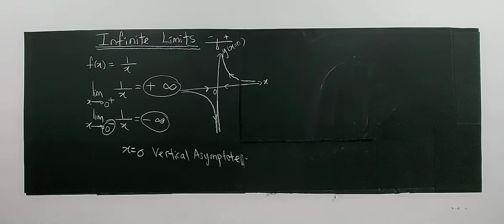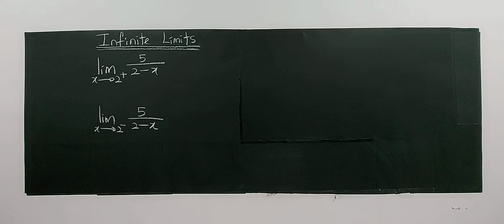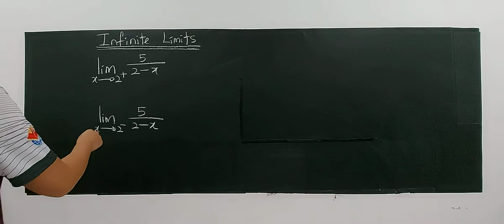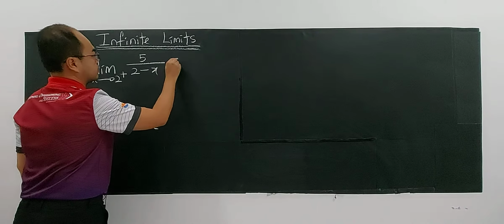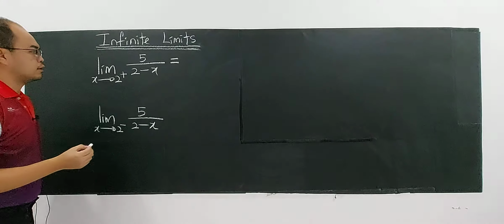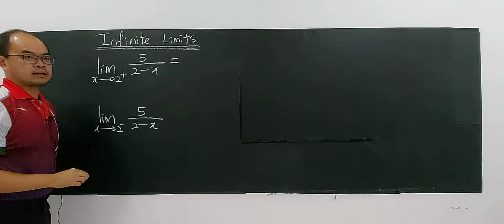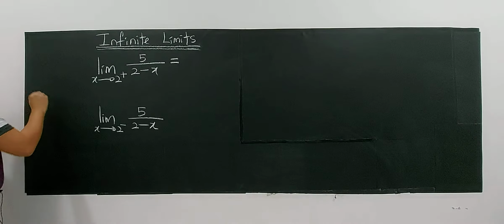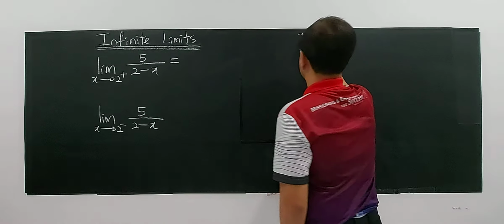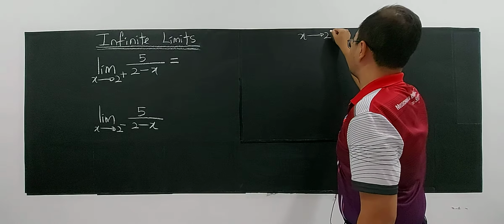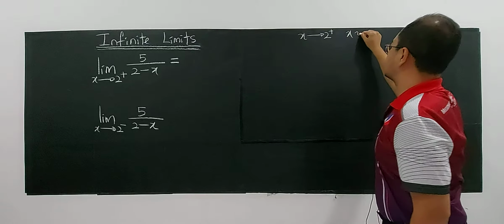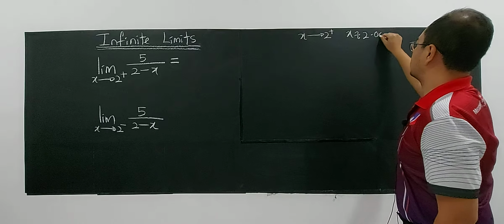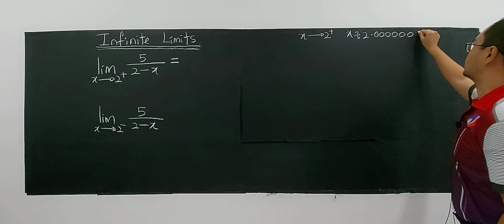I will give you another example so that you have a better understanding. Let's consider this example here. If you think in detail, what is meant by 2 plus? 2 plus means when you set x approaching 2 from the right, the number for x is around 2.00000001.